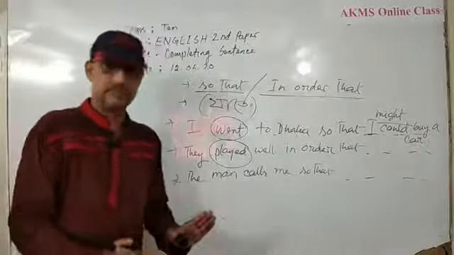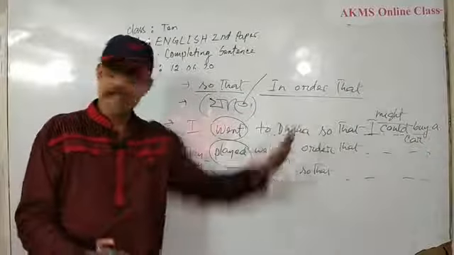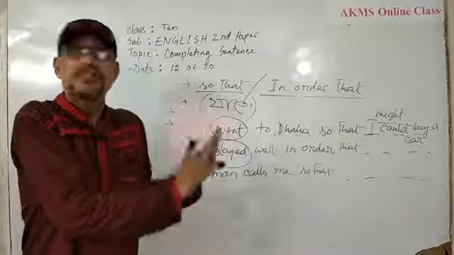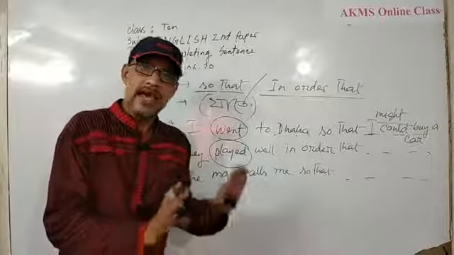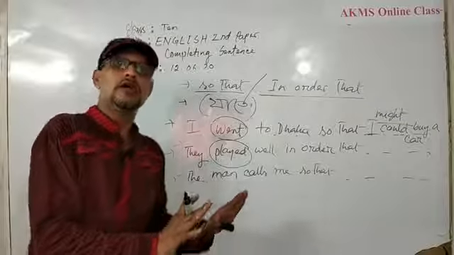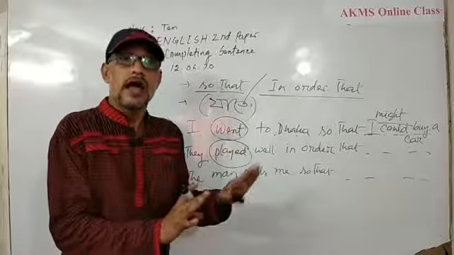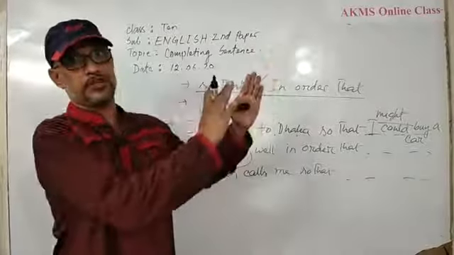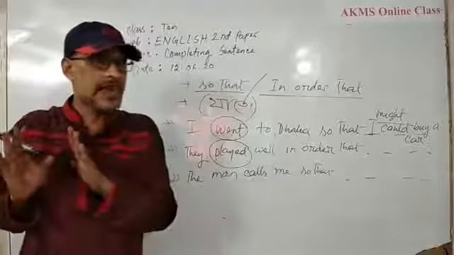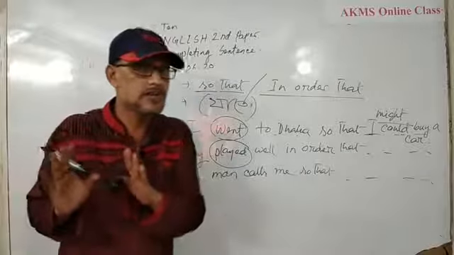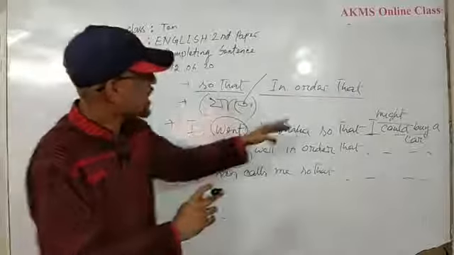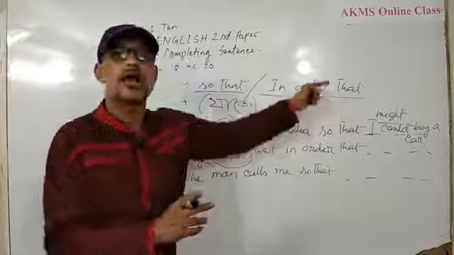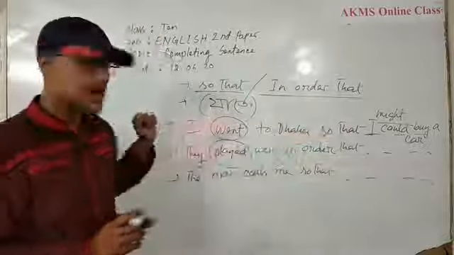It is a possibility. I have not done it. It was a possibility. Could or might always expresses the meaning that there had been a possibility. Had, not have, or has. It is not in present tense. I went to Dhaka so that I could or I might buy a car.